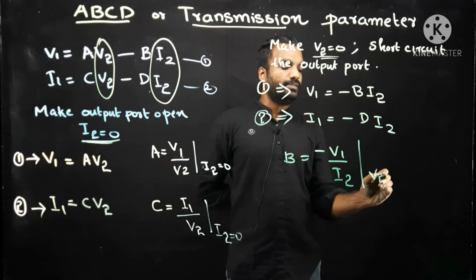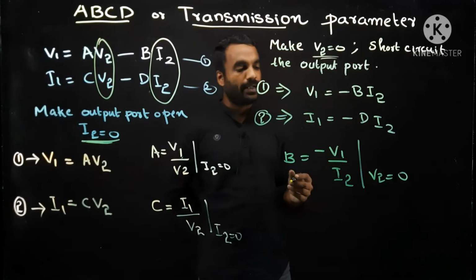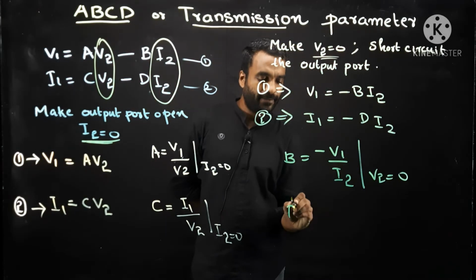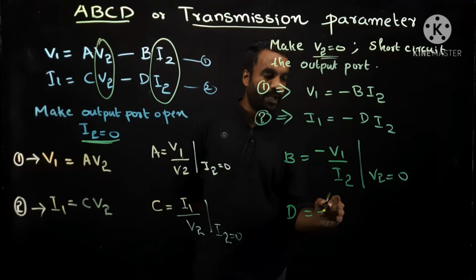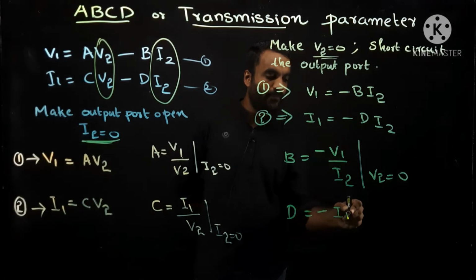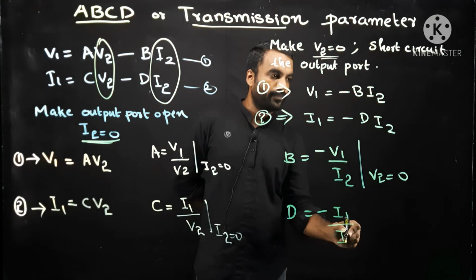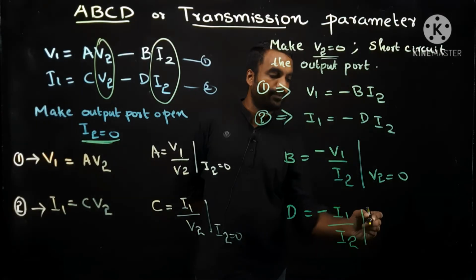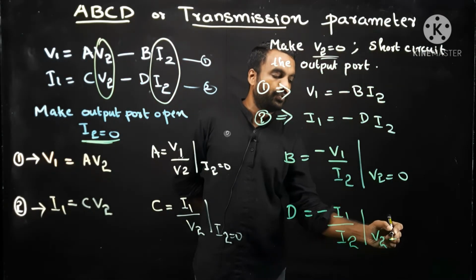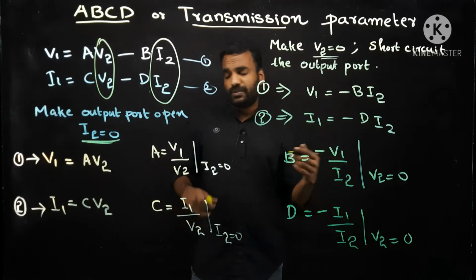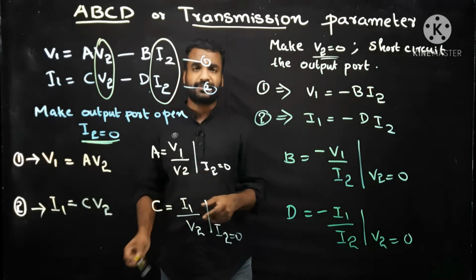At V2 is equal to 0. And also, what is D? D is equal to minus I1 by I2 at V2 equal to 0. So these are the 4 ABCD parameters.